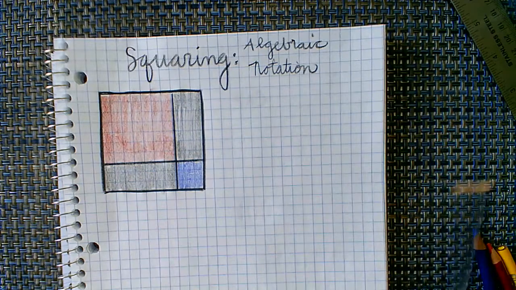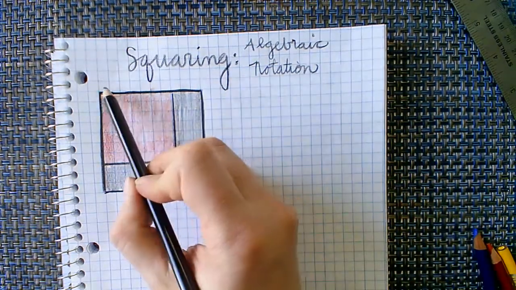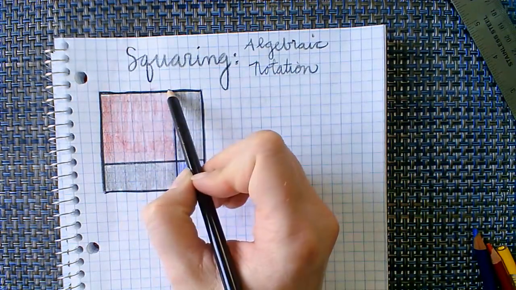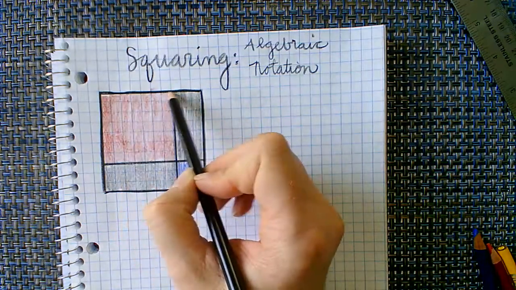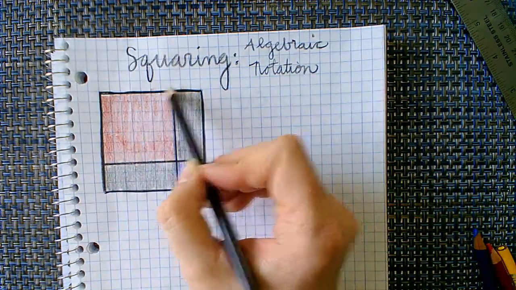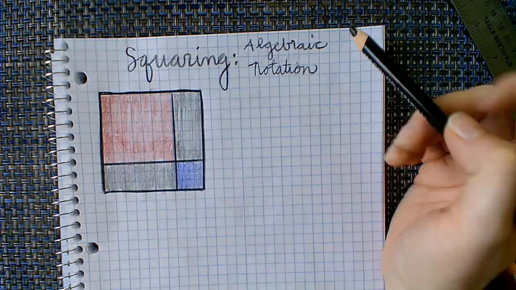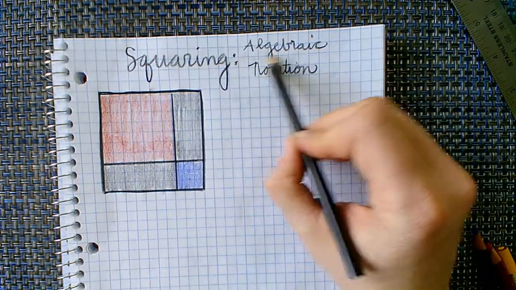Now I could just count the number of squares, or units, that this square is defined by, the dimensions. But instead we're using algebraic notation.